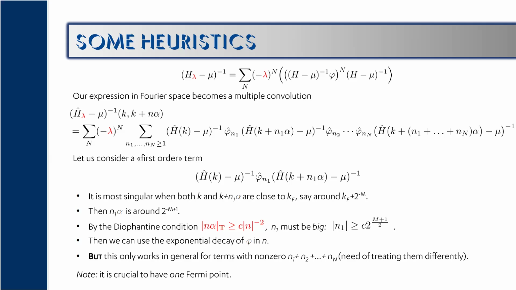But the problem is that we cannot do this every time. Because there are some combinations of n1, n2, and n, such that this sum is exactly 0, of course, so there can be. And for this, there is no Diophantine condition, because the condition, of course, is only for n different from 0, because for n equals 0, we get 0.